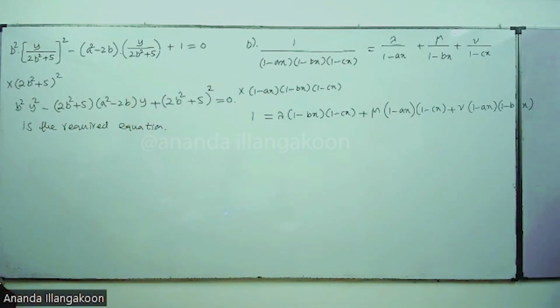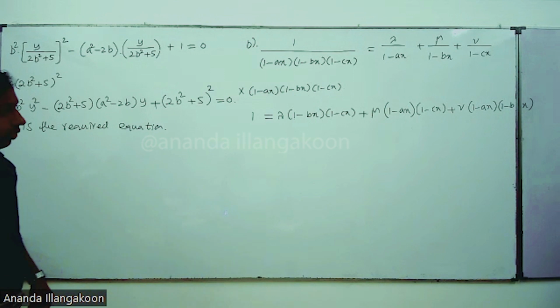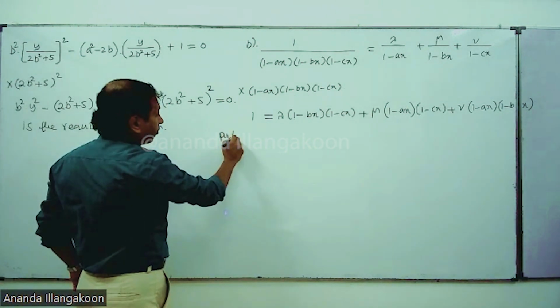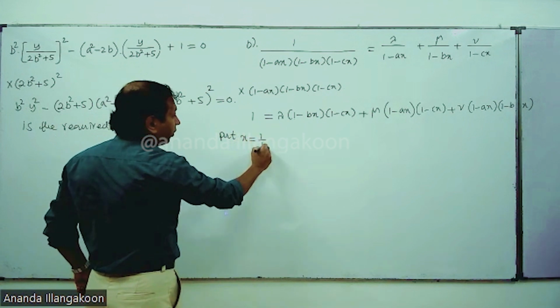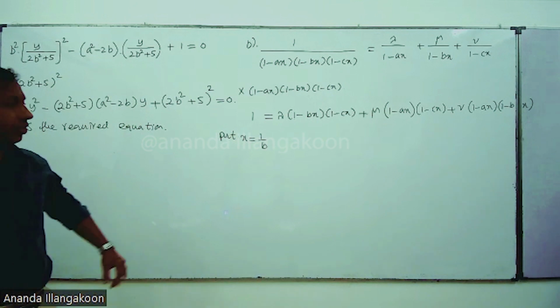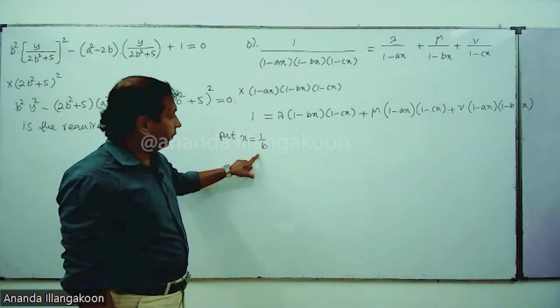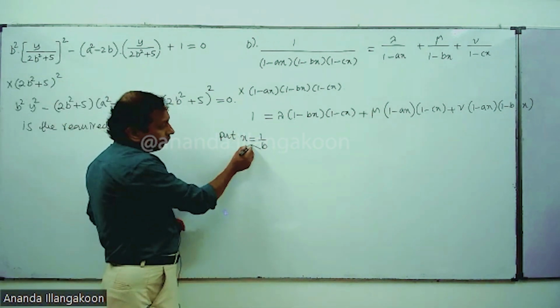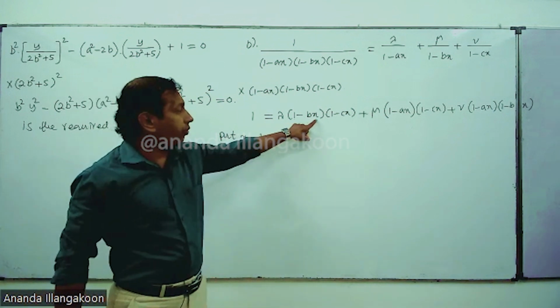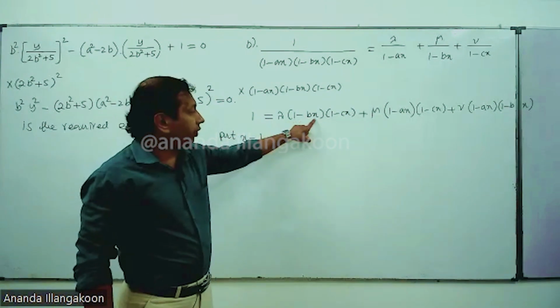Right. Now we substitute values here. First we put x equals 1 upon b. We substitute in both sides. When you put x equals 1 upon b, what happens? It says bx product equals 1. That means this is 1. Then 1 minus 1, this bracket is 0.